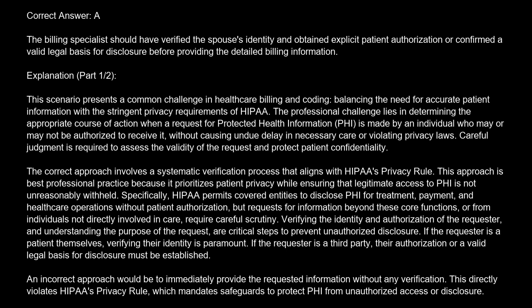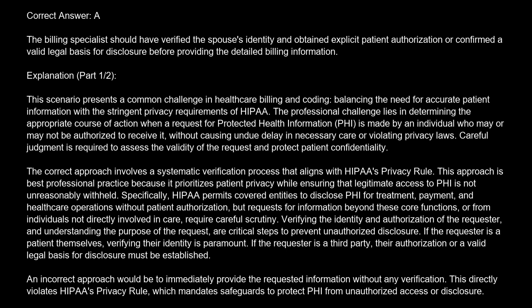Verifying the identity and authorization of the requester and understanding the purpose of the request are critical steps to prevent unauthorized disclosure. If the requester is a patient themselves, verifying their identity is paramount. If the requester is a third party, their authorization or a valid legal basis for disclosure must be established.